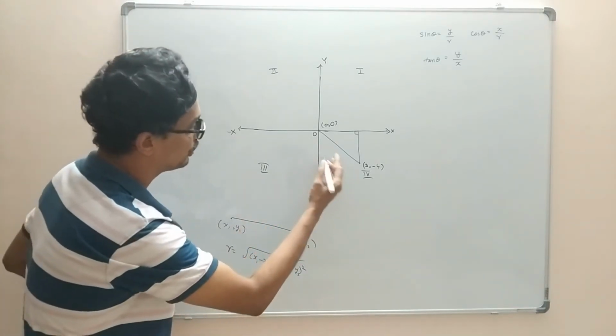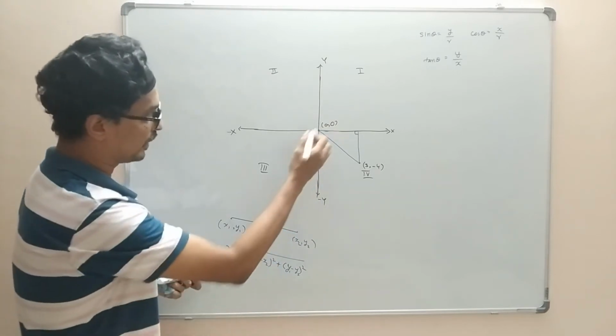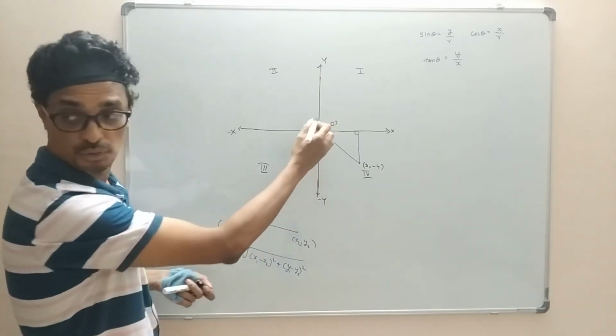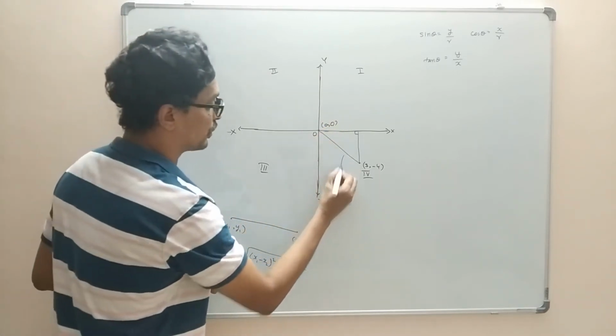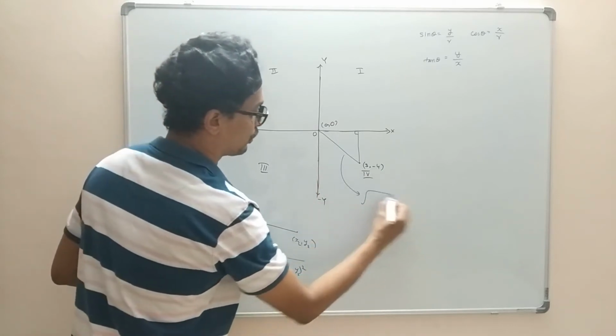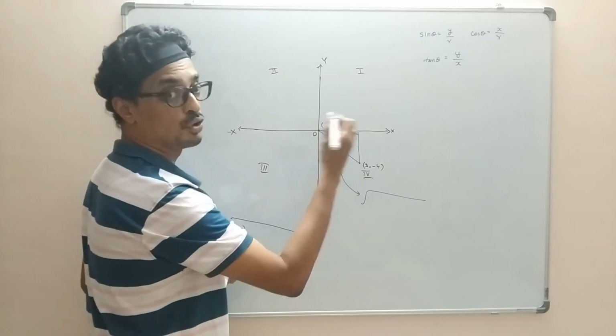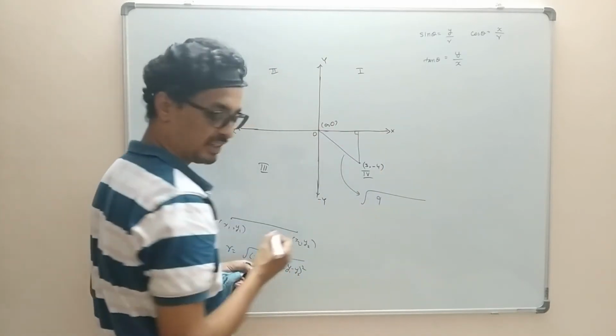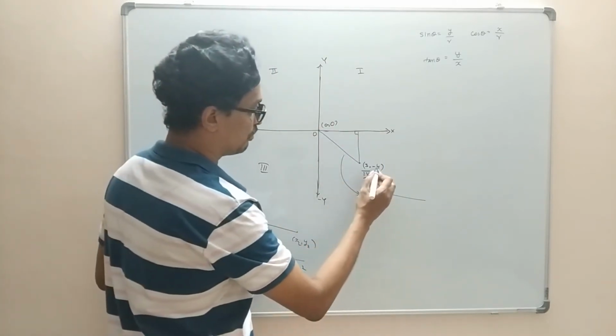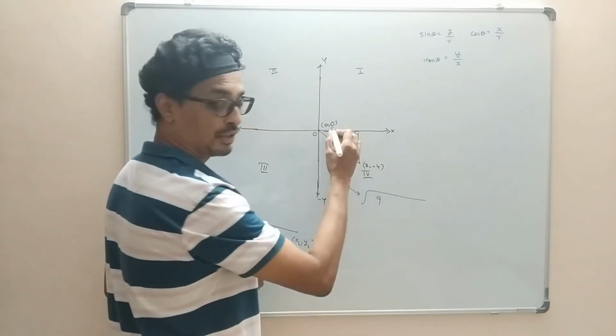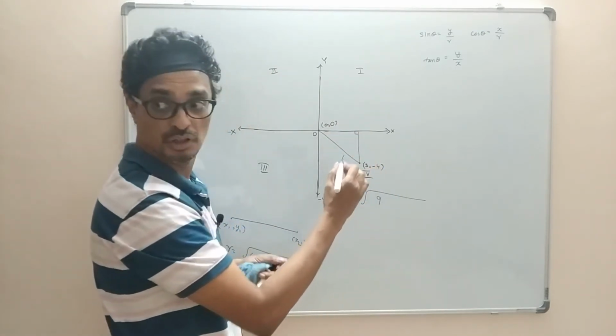So here, if we call this x1 y1, this is 0. So this distance is going to be square root of (3 minus 0) whole square, that is 9, plus (minus 4 minus 0), that is minus 4 whole square.